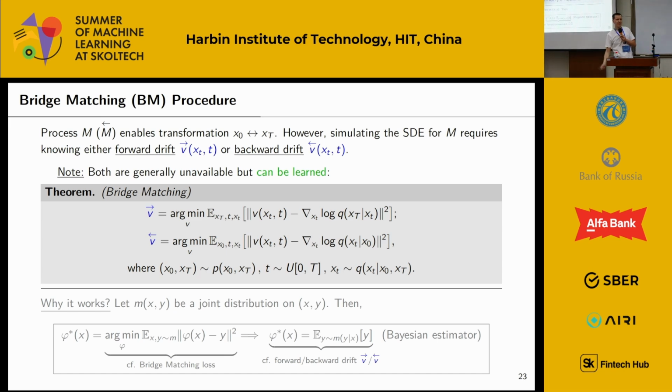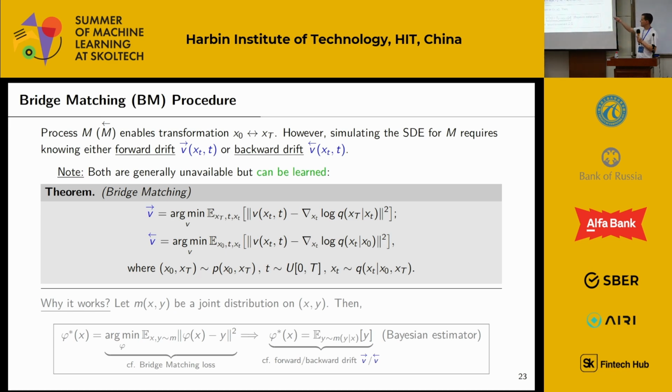There is some analogy with flow matching because in flow matching, this will be just the linear interpolation x1 minus x0. We will see in several slides how this very complex formula translates to simple flow matching in the particular case of this particular process.